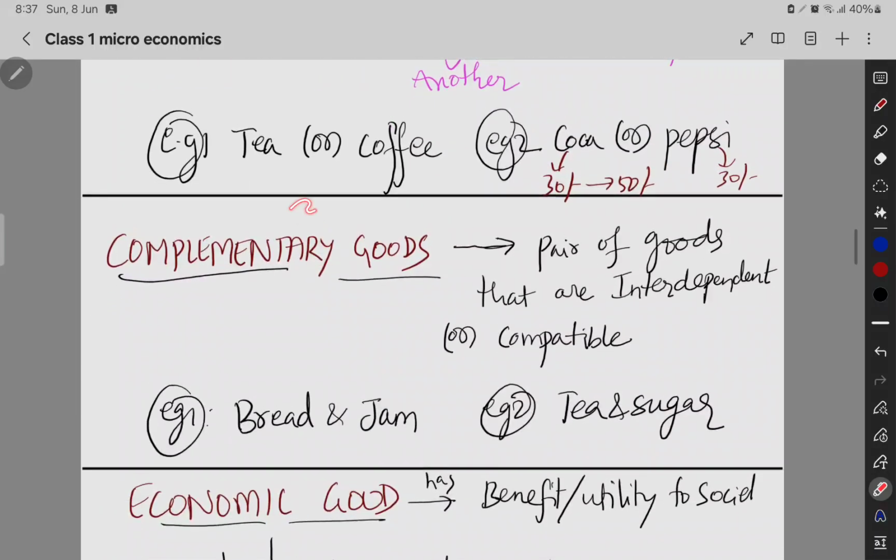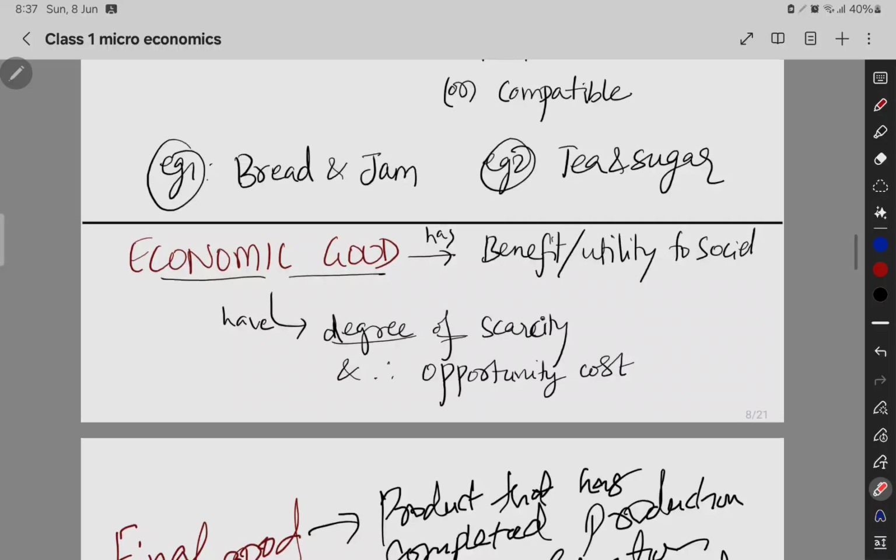And what are complementary goods? We have already discussed. Bread and jam, tea and sugar. They are all complementary goods. What is an economic good? An economic good is any good that benefits or is utilized in the society. You can also use terms like economic goods have a degree of scarcity and opportunity cost.